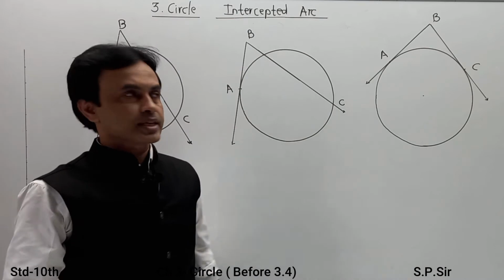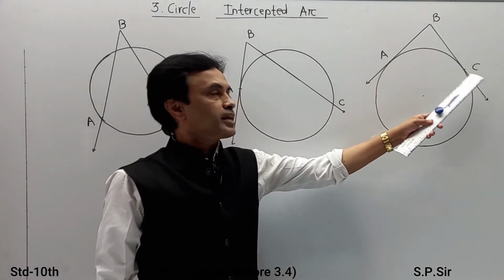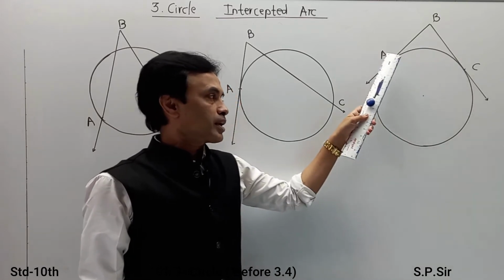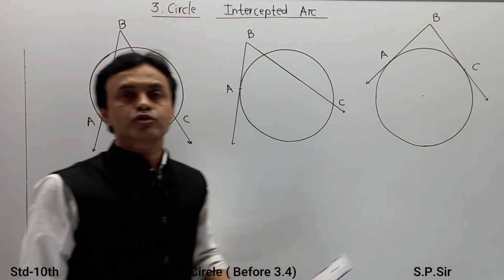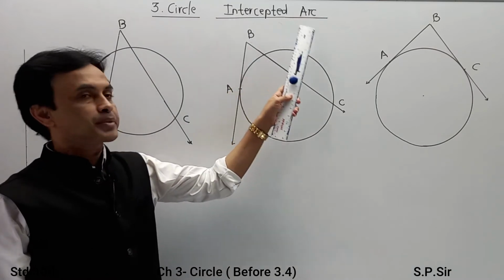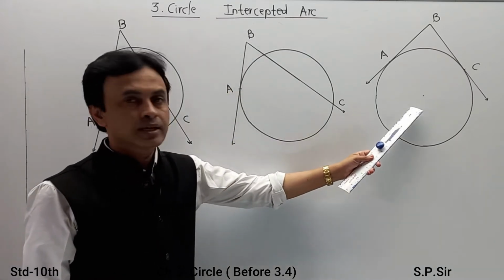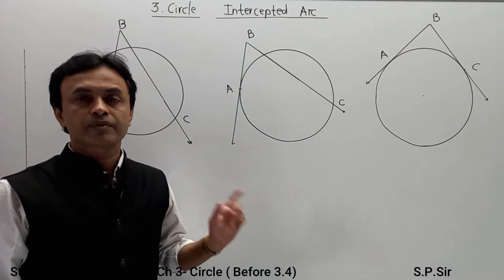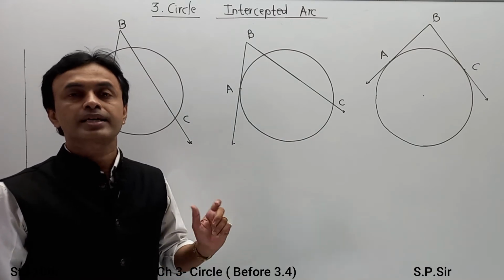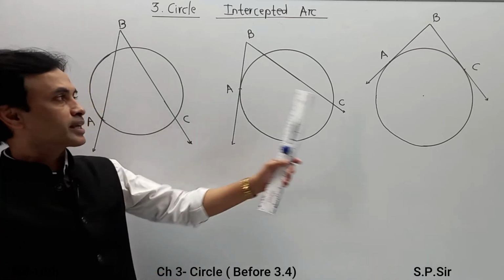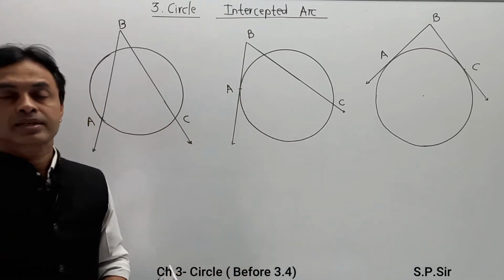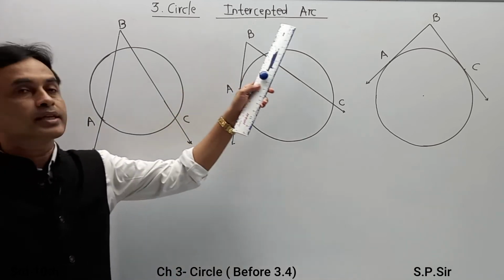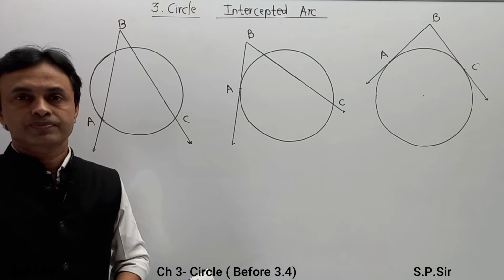Here you can see once again angle ABC is formed outside the circle, and again there are two arcs, the first arc and the second arc, and these two arcs are intercepted arcs. In the first case we saw a single arc acting as an intercepted arc, and in this category we have seen two arcs, and these all are intercepted arcs.